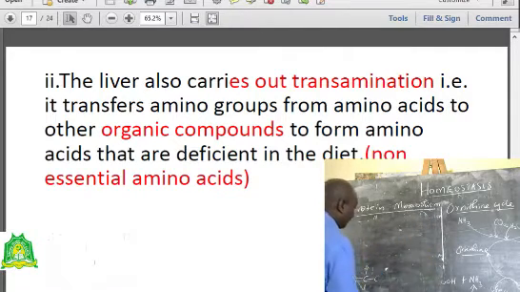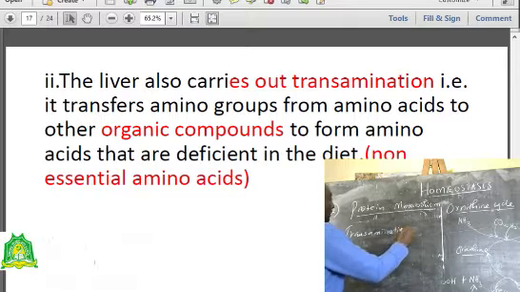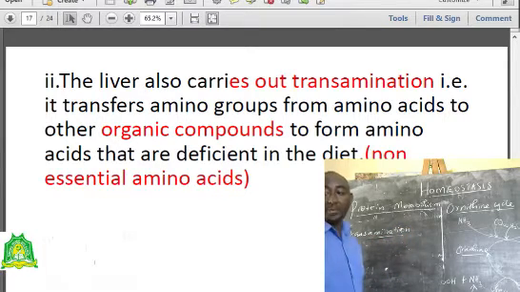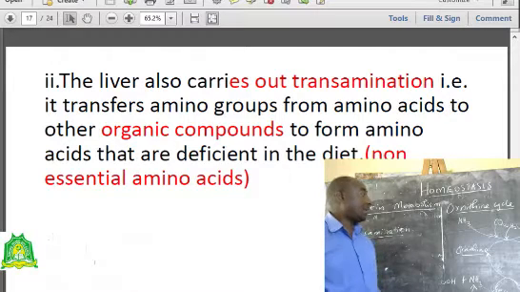We also have another form in which the proteins are regulated, and that is through transamination. Dear learner, transamination involves the transfer of the amino group.